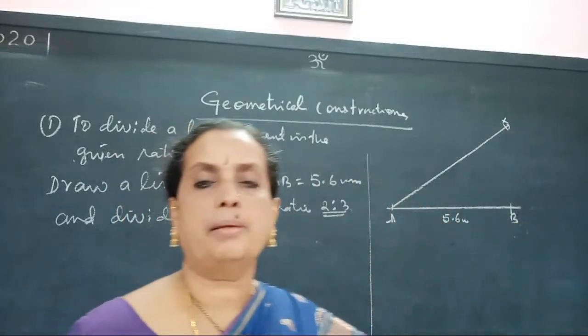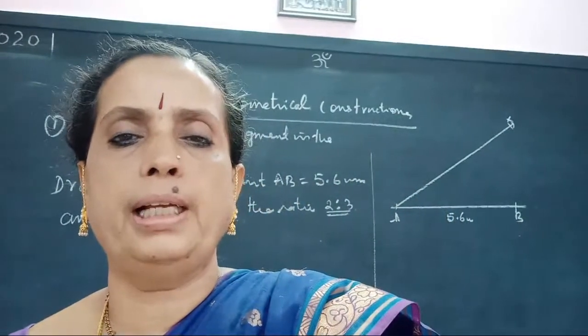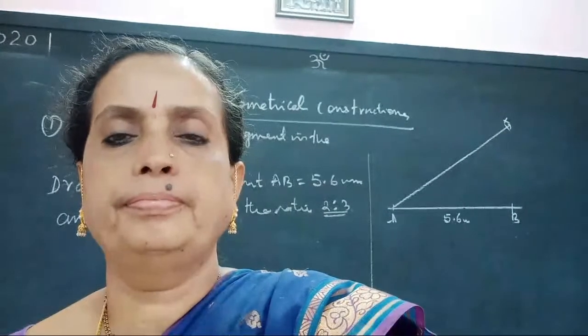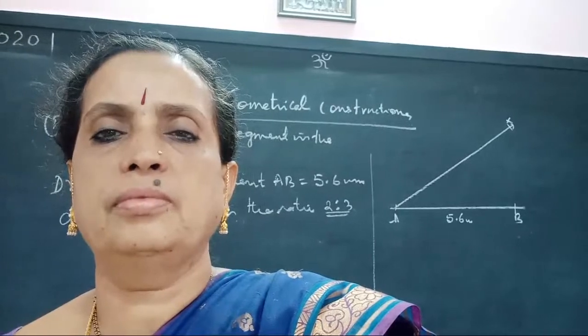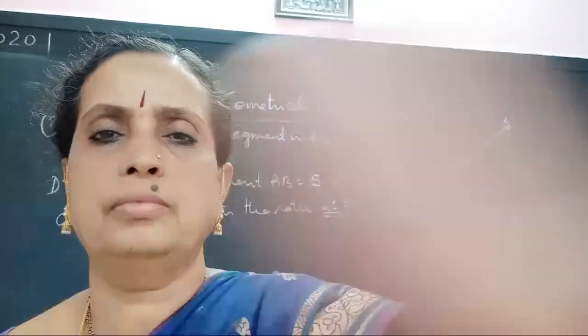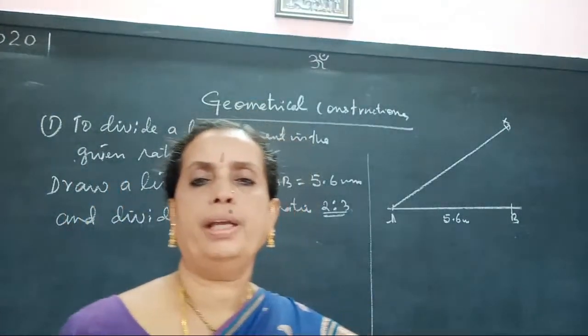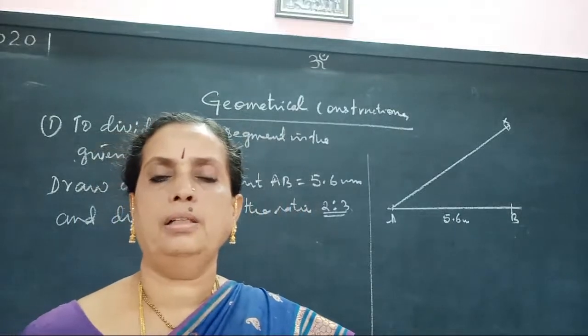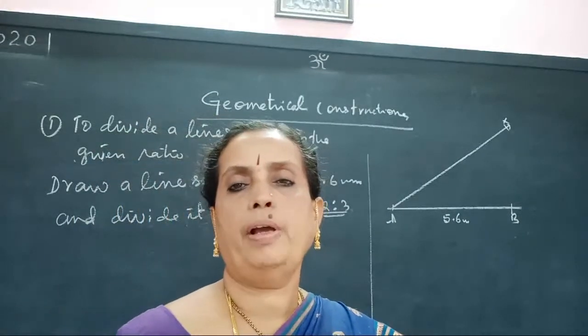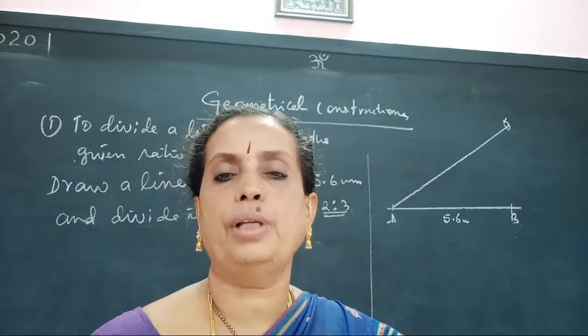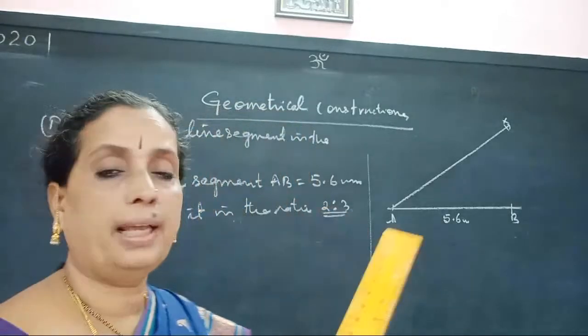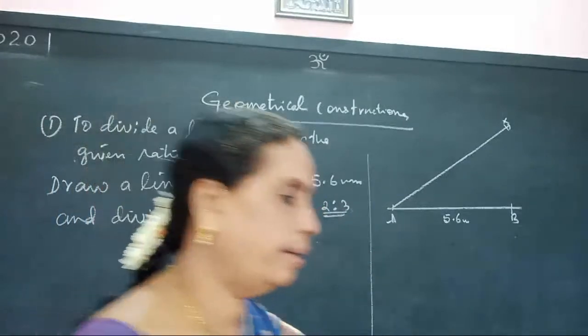Draw a line segment, make an acute angle. Okay, have you all done? Line segment 5.6 centimeter. Then construct an acute angle BAX. Okay.